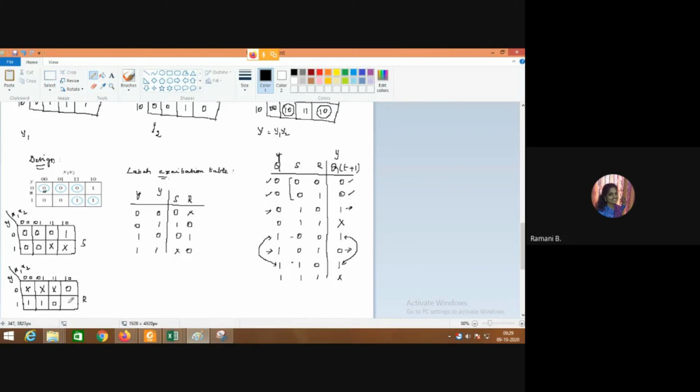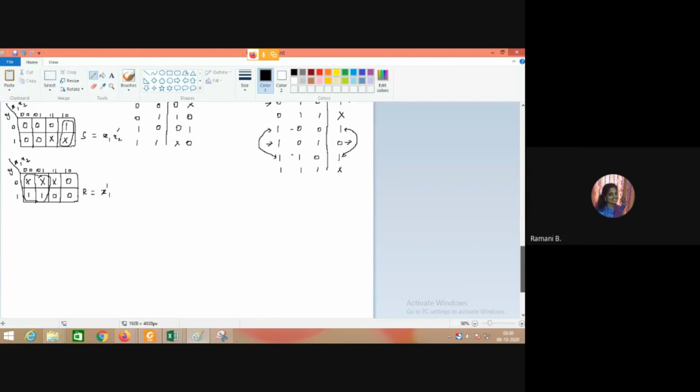We fill the map like this. Now we find the expression for S and R. Here S is equal to x1, x2 bar. And for R, we have the possibility of having a quad, so R is equal to x1 bar. Do you understand this? Yes, ma'am.